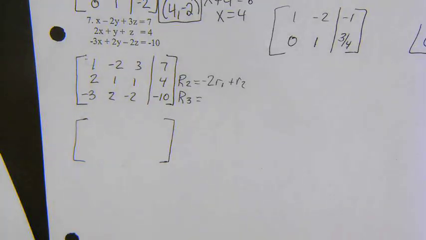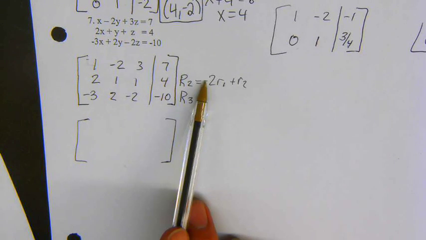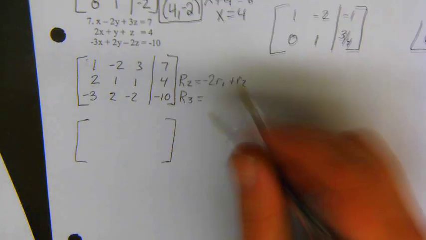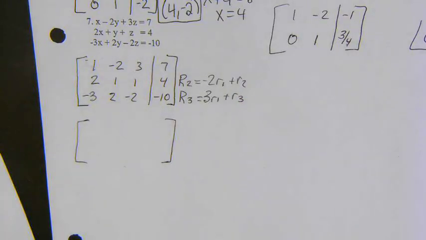But you could deal with row 1 like we did here and do that again. I could say 3 times row 1 plus row 3. If it's okay with you, I'm going to choose that so that I don't have fractions. Sometimes there will be problems where you can't get around having fractions in there somewhere. But if I can do it without, I will do my best to not.